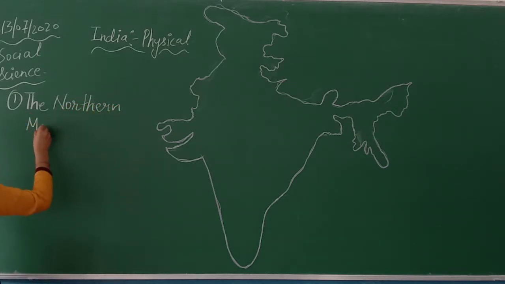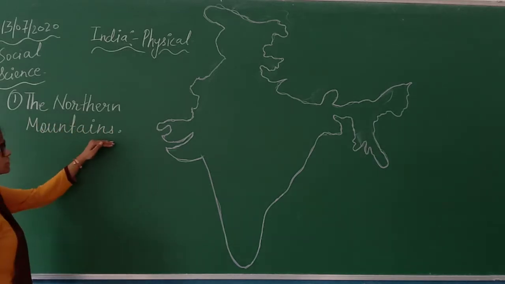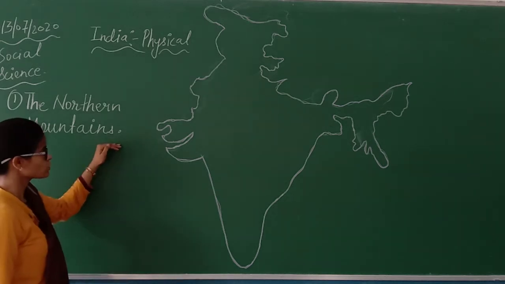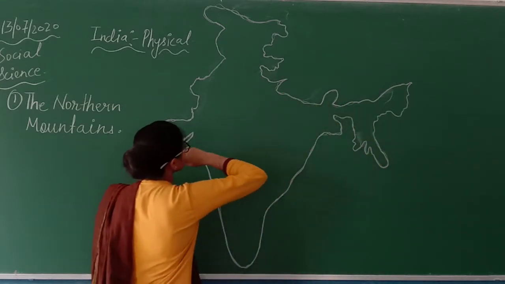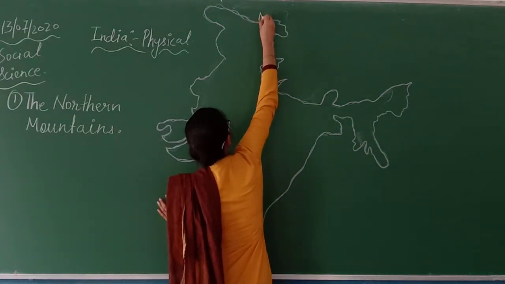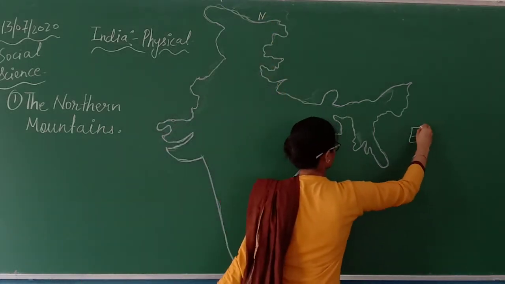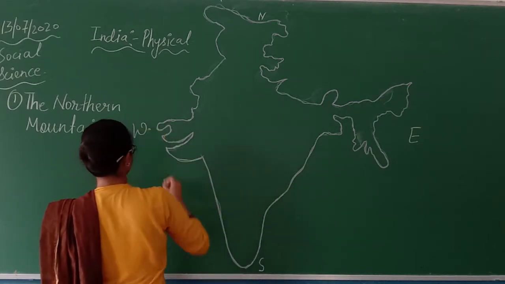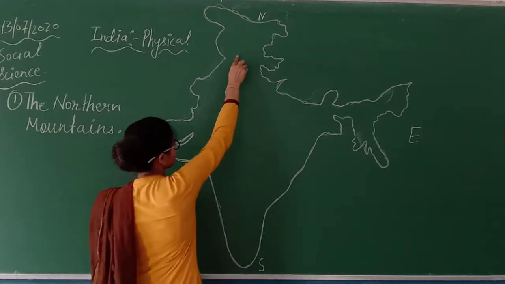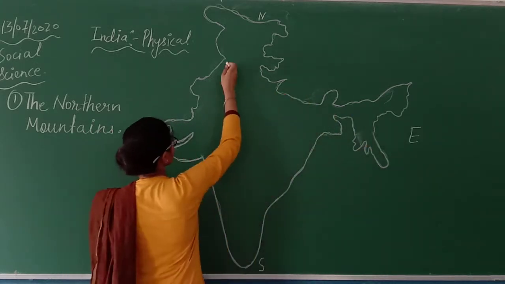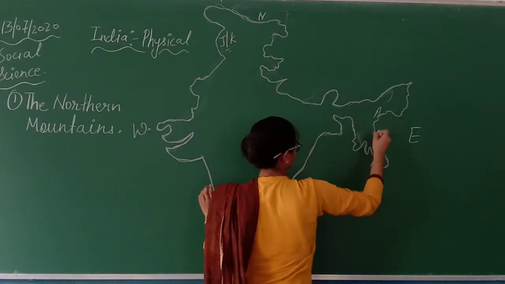The Northern Mountains. So where are these Northern Mountains located? These Northern Mountains are located from north to east, that means from Jammu and Kashmir to Arunachal Pradesh.